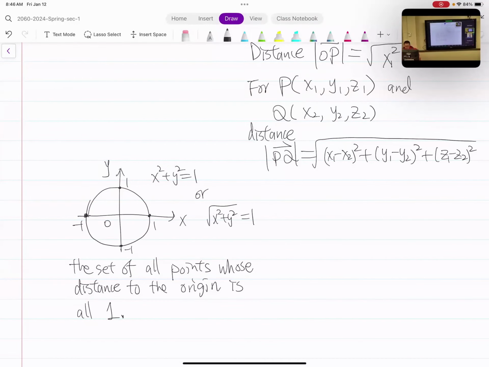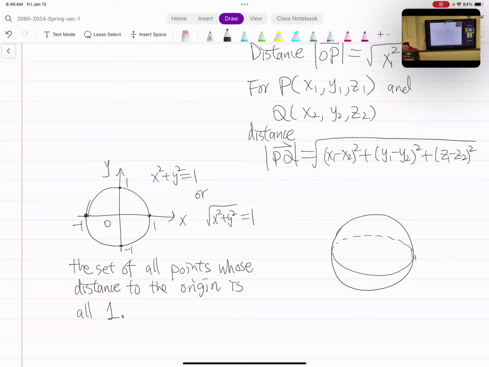All right. So what happens in 3D? So in 3D, if you have x squared plus y squared plus z squared equals 1, you can expect that's a sphere. Okay, so it's actually a ball, the surface of a ball. This is kind of common sense, right?